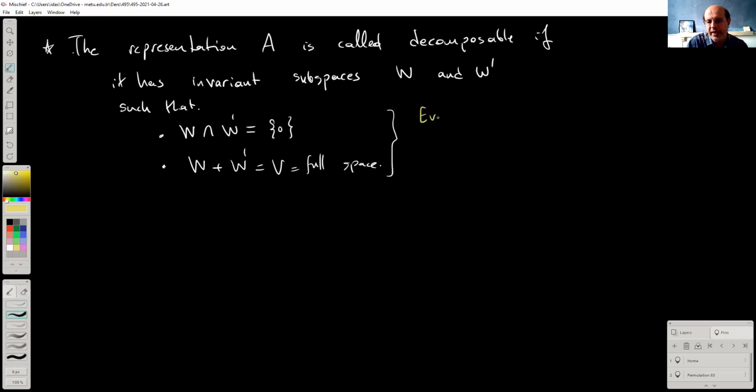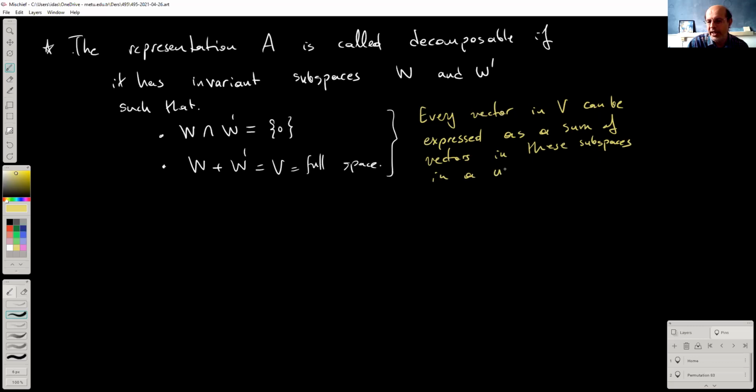Every vector in V can be expressed as a sum of vectors in these subspaces in a unique way.